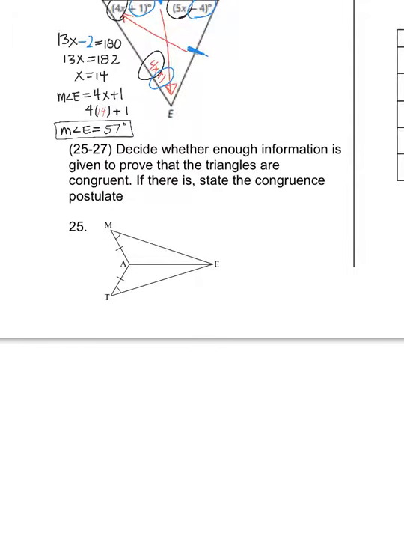On numbers 25 through 27, I need to decide if I have enough information to prove that the triangles are congruent, which means they have the same shape and size. If there is enough information, then I need to state the congruence postulate that will help me do that. The congruence postulates allowed are side, side, side; side, angle, side; angle, side, angle; angle, angle, side.